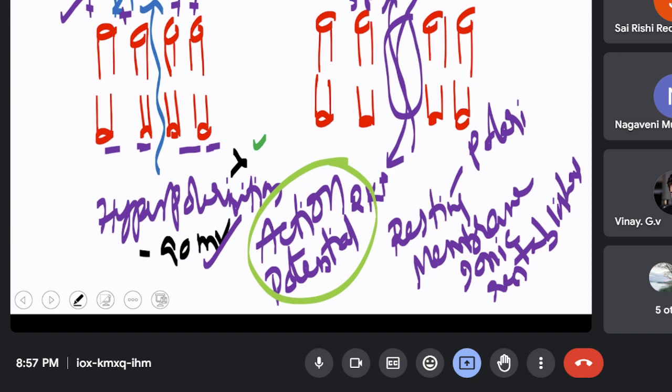All these events occur in a sequential manner, resulting in an action potential. So this is how an action potential is generated at the point of stimulus.